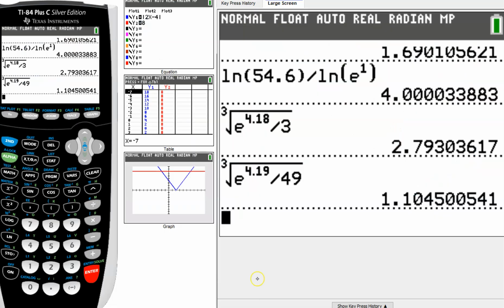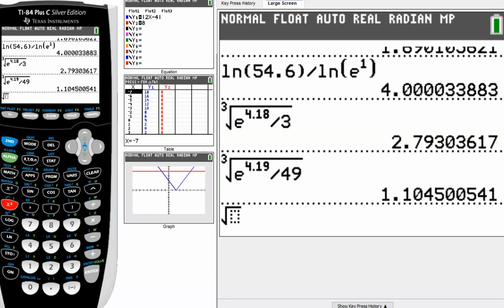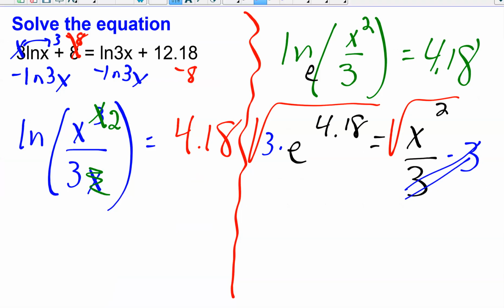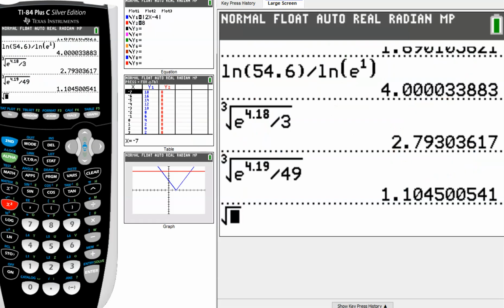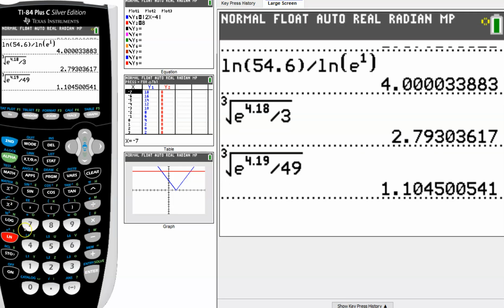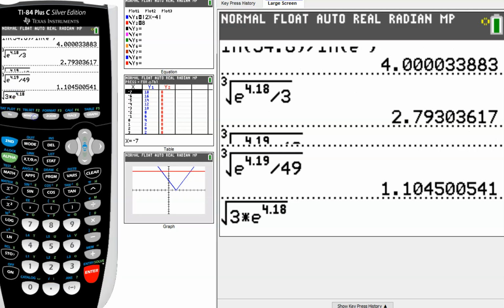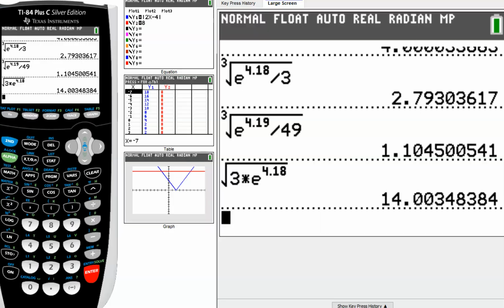So if I was going to show that on my calculator, I'm going to do the square root of, what was that again? 3 times e to the 4.18. And there's my final answer.